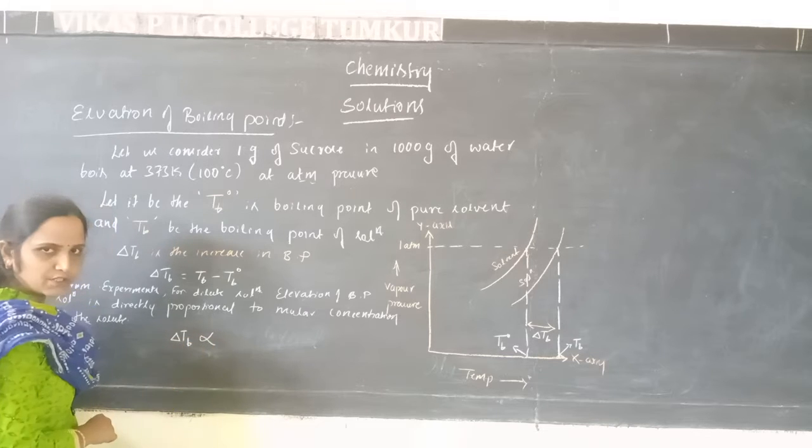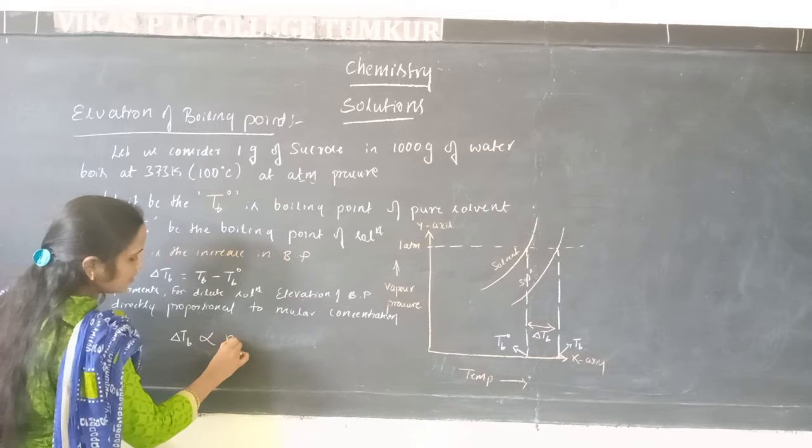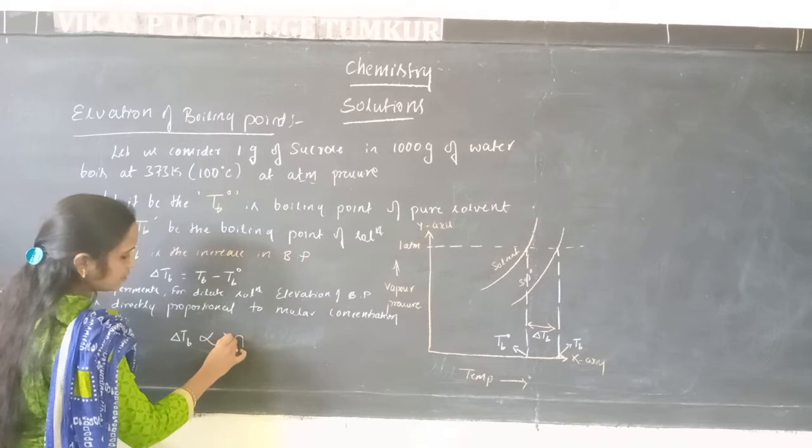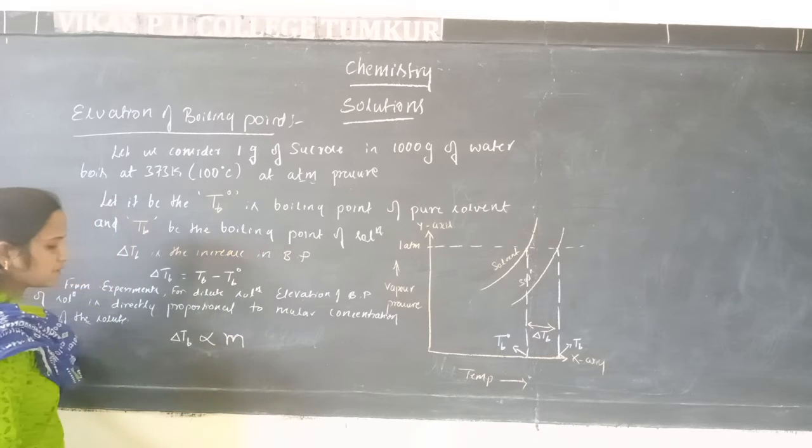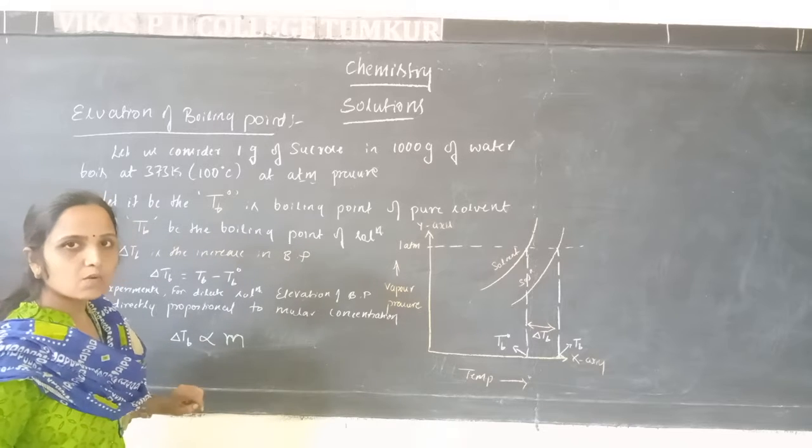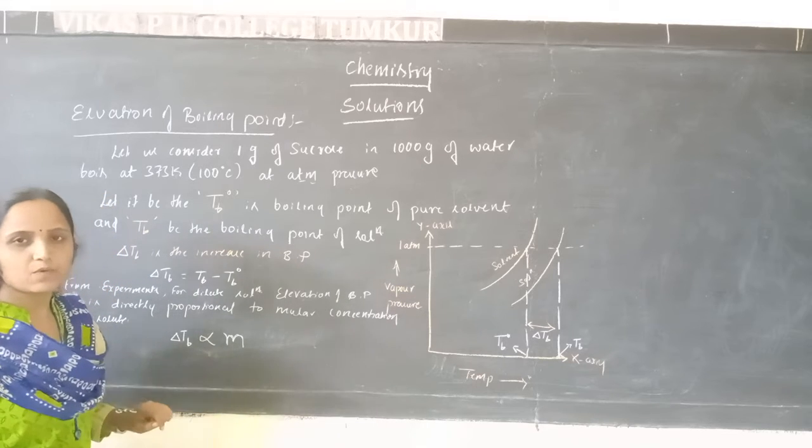So delta TB is directly proportional to the molar concentration of the solute, that is small m, which is nothing but the molality.